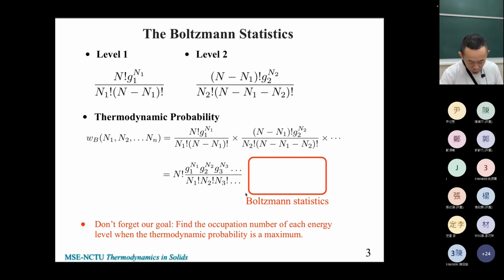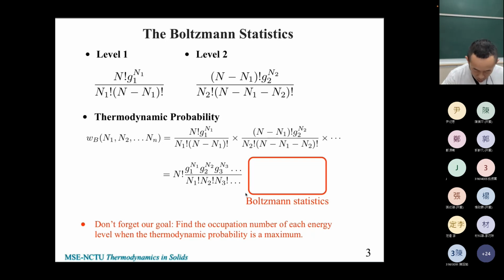So you can get this one. W_B, the B stands for Boltzmann statistics. N1, N2 to Nn, you need to multiply all over. Then something interesting happens.